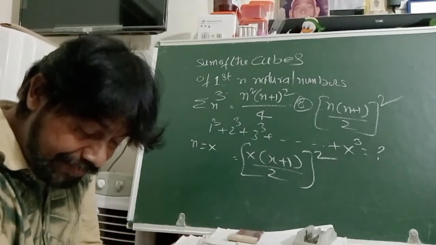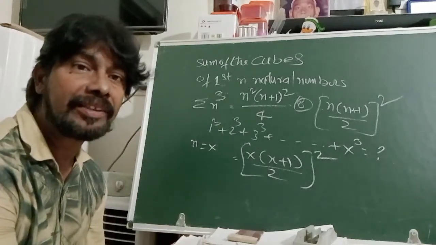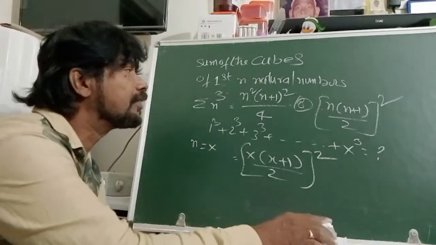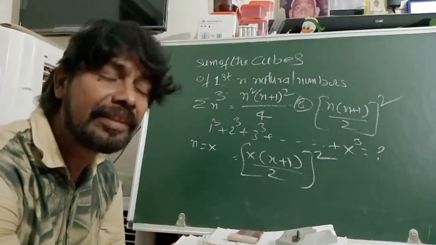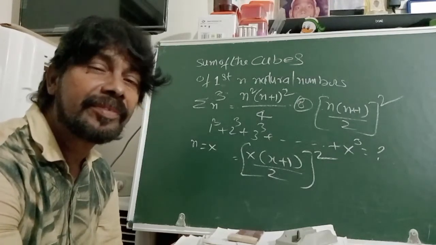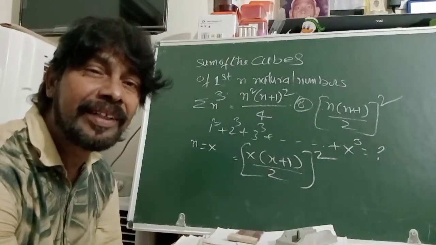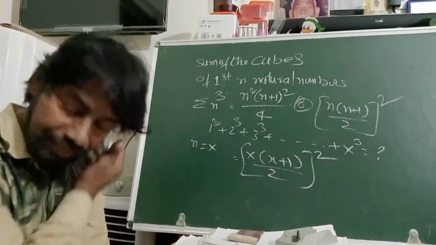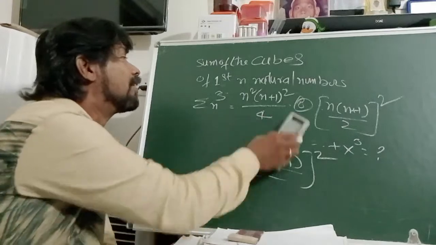Sum of the squares of the first n odd natural numbers. Odd natural numbers. When we say odd natural numbers, you have to know what is the nth term of the odd natural numbers. For odd numbers, we must have a remainder of 1 if you divide by 2. Now we see the formula.